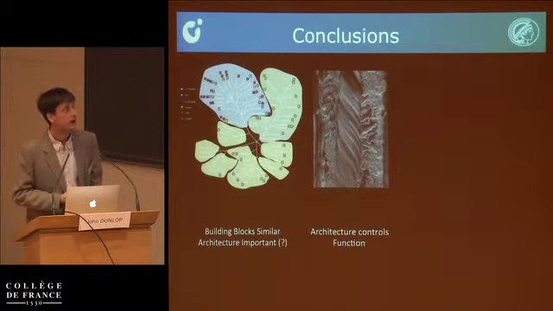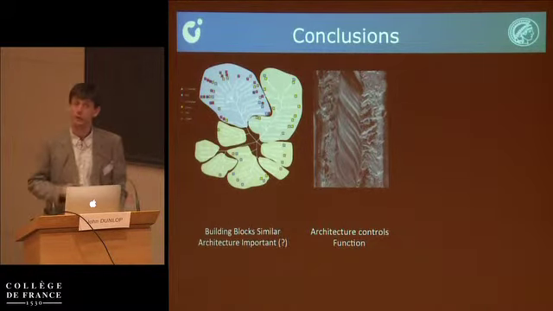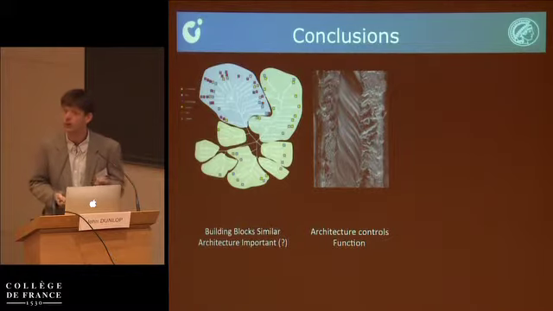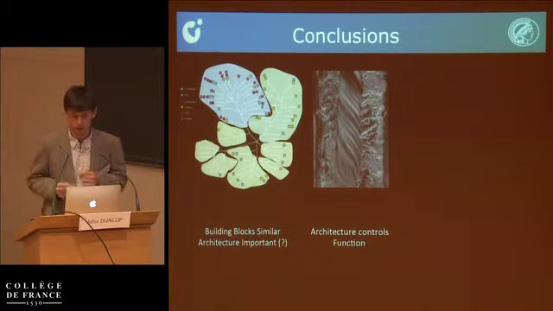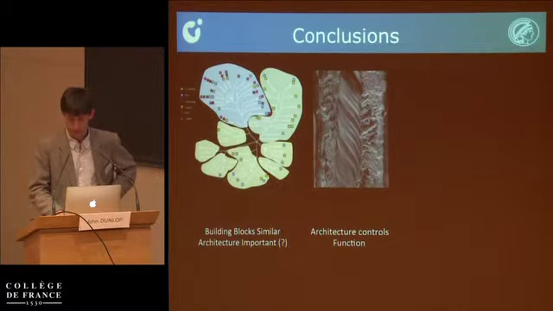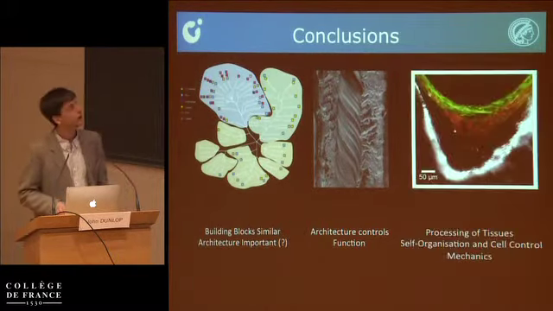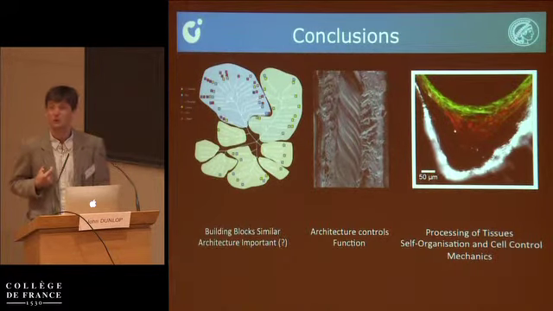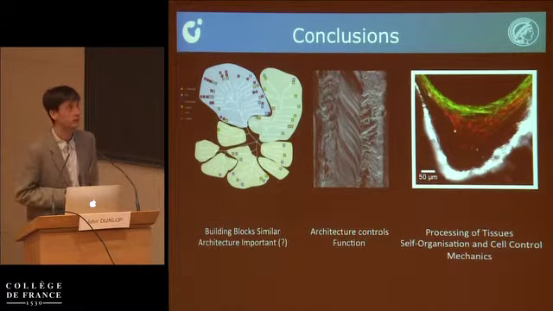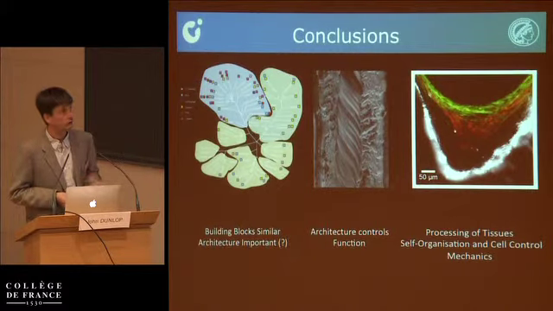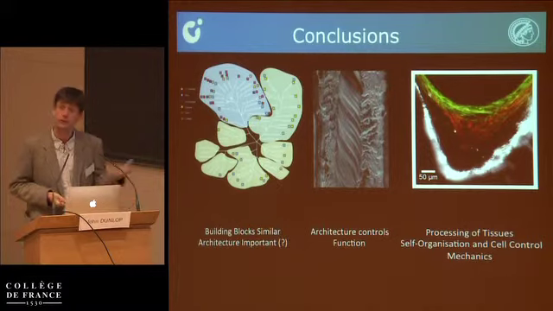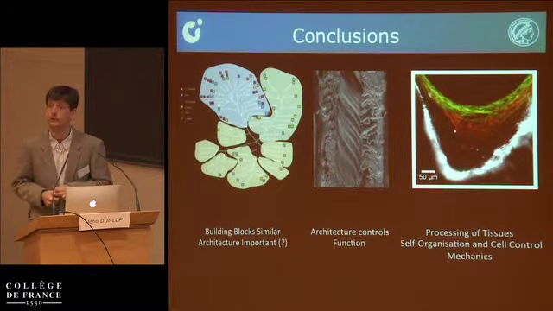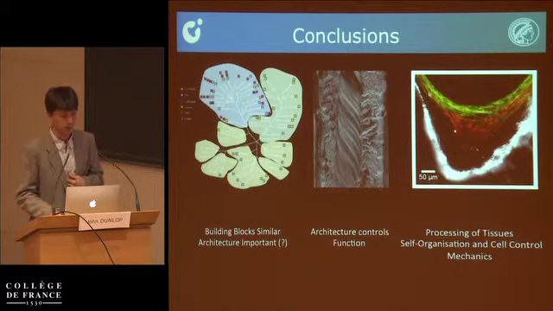I've described briefly how architecture controls function for plant tissues, how by controlling the microfibril angle or by controlling the shape of the cross-section of a cell, you can achieve many different functions. And then I've given you a little bit of an idea of how processing by living systems can be investigated at least, and to highlight the importance of self-organization of these building blocks and the control of cells and the importance of mechanics in producing these sorts of systems.